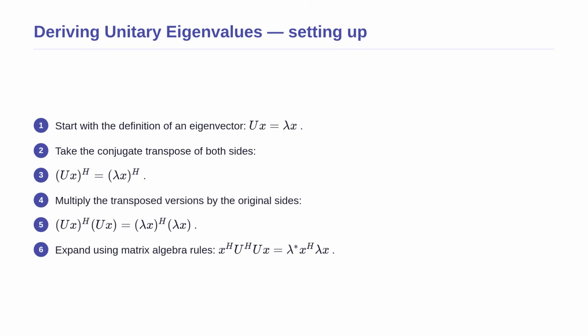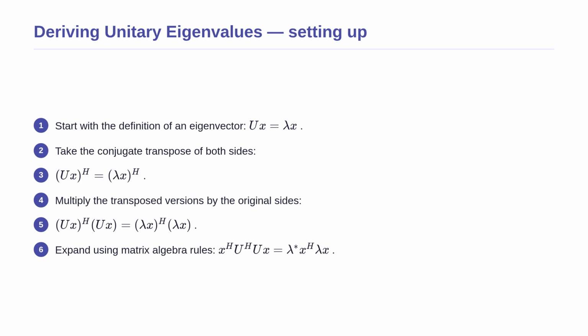Now that we have seen this eigenvalue formula, let us understand where it comes from. We are setting out to prove that the scaling factor must be 1. We start with the foundational definition of an eigenvector. Ux equals lambda x. To find the squared length of these vectors, we take the conjugate transpose of both sides.